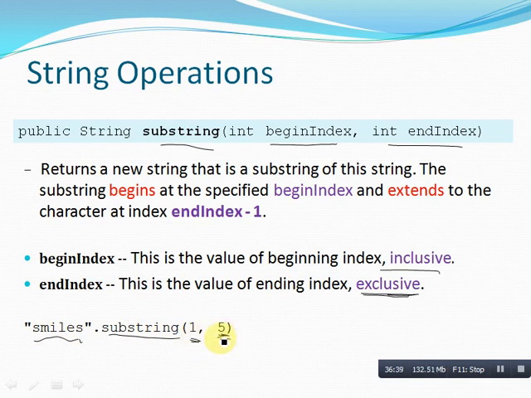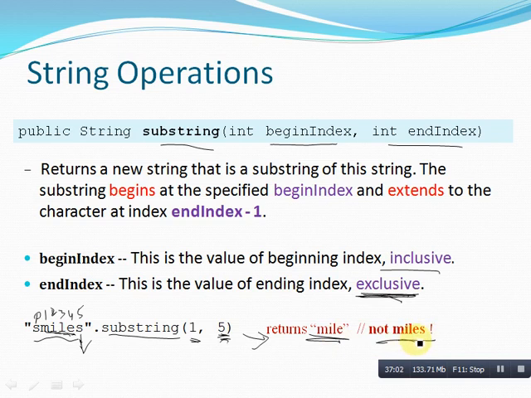This is 0, this is 1, 2, 3, 4, 5. So the result is starting from 1, M I L E. The fifth is not counted because it is exclusive. So it returns "mile", not "miles", because the s is the fifth character and the fifth is exclusive.